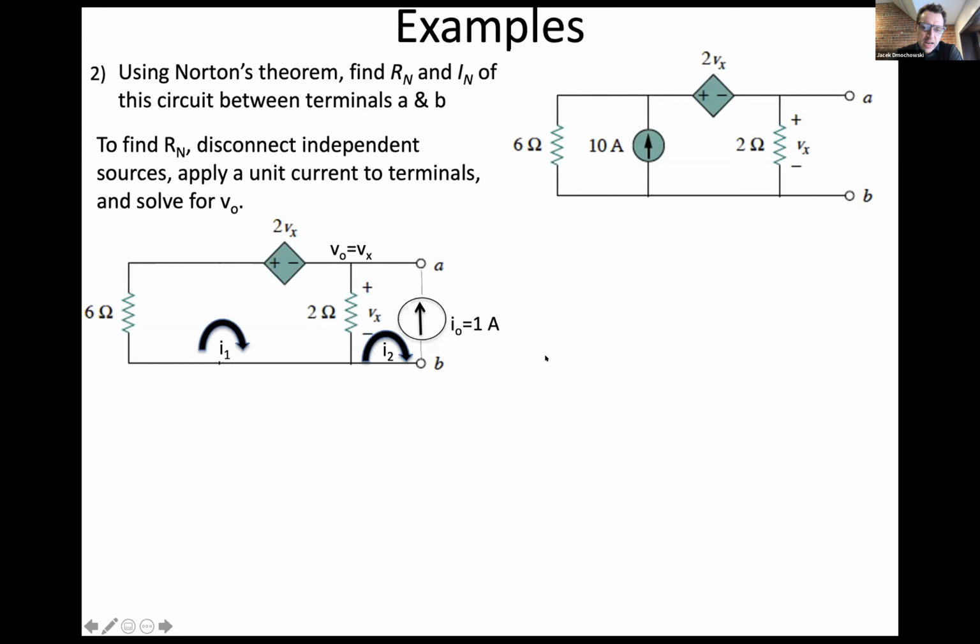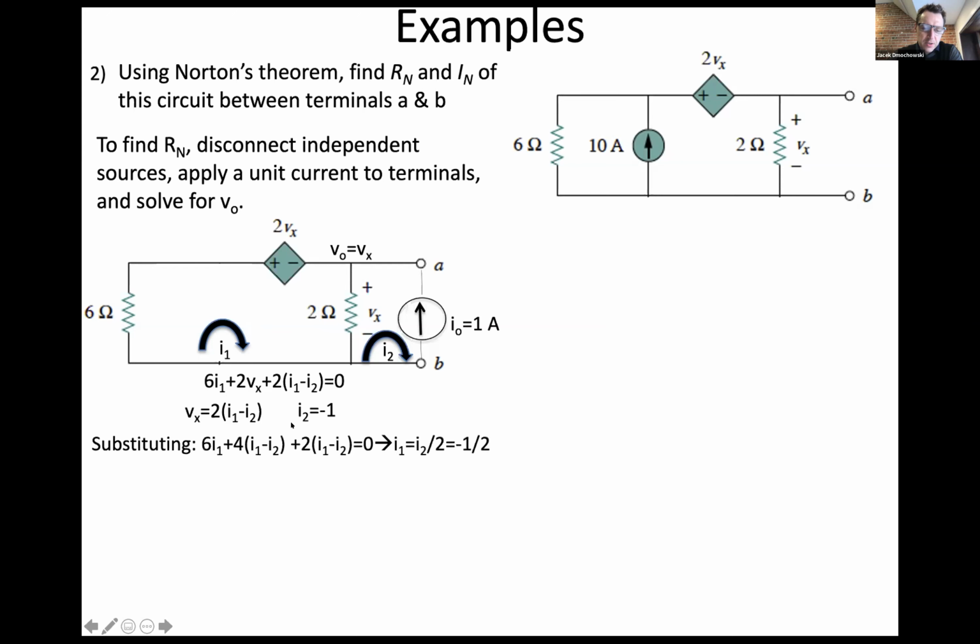So here we have a mesh analysis problem where the value of I2 is equal to -1. The KVL equation for this is 6I1 plus 2Vx plus 2 times (I1 minus I2) is equal to 0. I2 is equal to -1. And Vx, which is the voltage drop from here to here, is equal to 2 times (I1 minus I2).